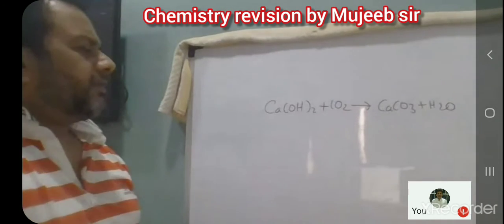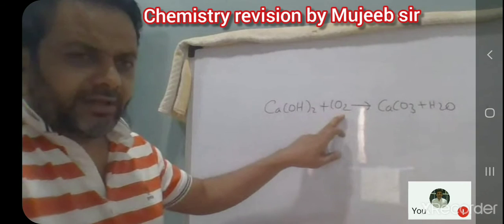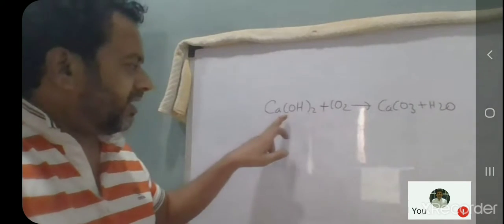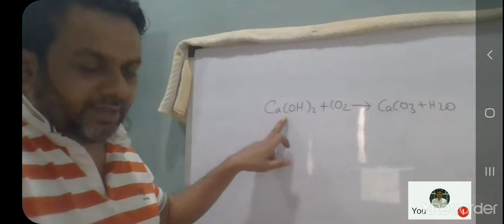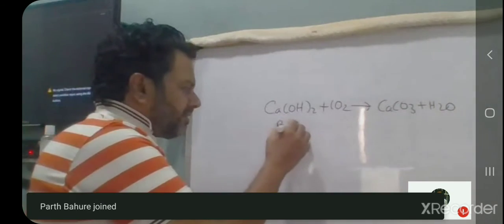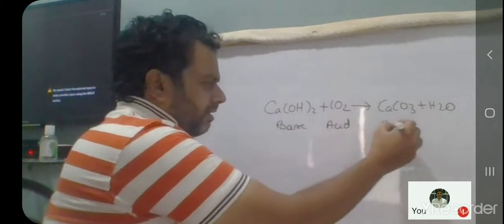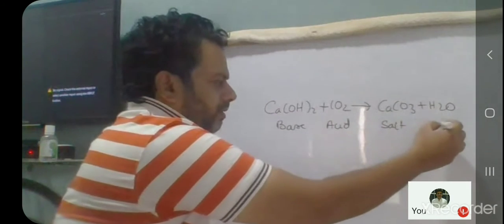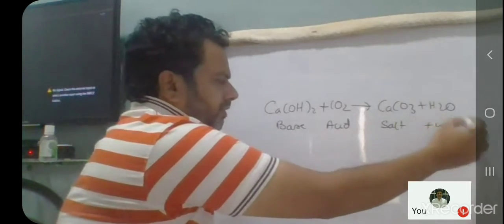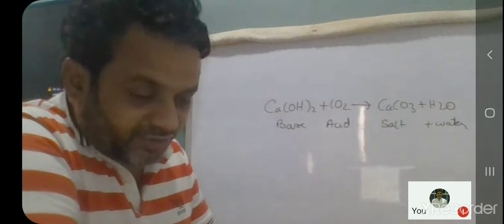This is a non-metallic oxide, which is acidic in nature. This is a base, and this is an acid. Here you got salt plus water. When there is salt plus water formation, this reaction is called a neutralization reaction.